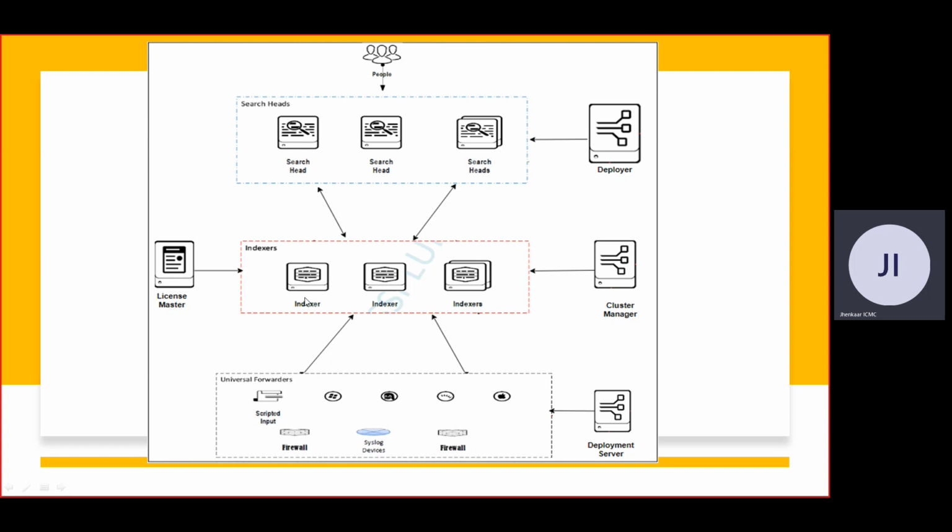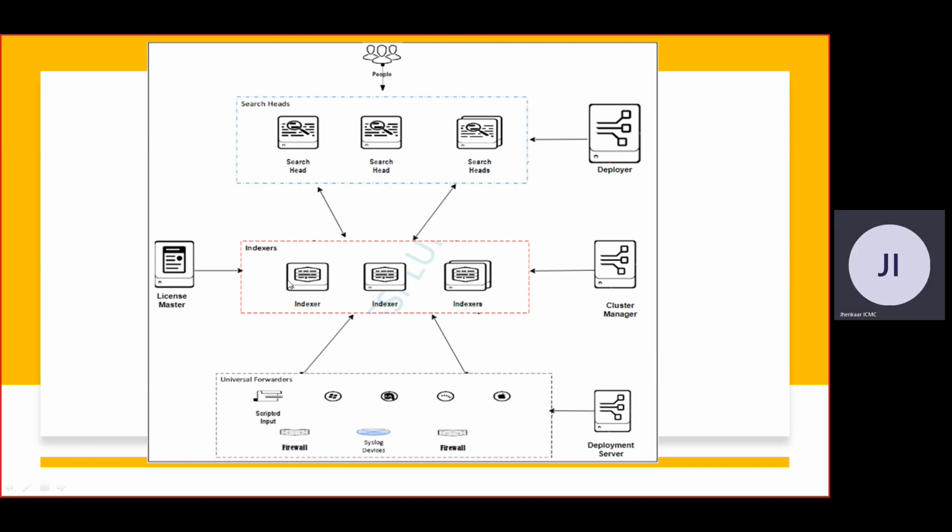The data is already there in the indexer. Users make use of the search head and query something, and the search head in turn passes this request to the indexer. If it finds the data, the indexer returns the data to the search head, and users are able to see that.